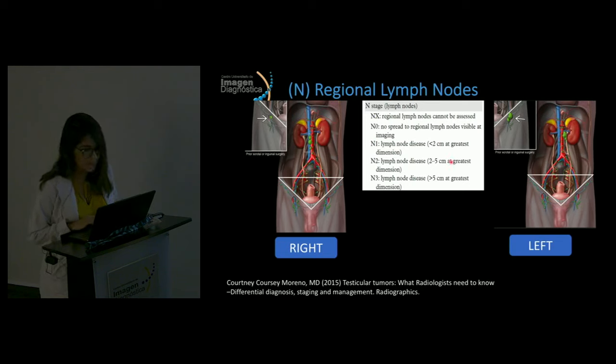And the right spreads first to paracaval and retrocaval lymph nodes. It is common to have a crossover drainage from right-sided tumors to left-sided nodes. However, drainage from the left to right has not been reported to date.